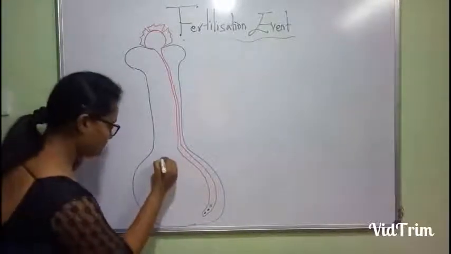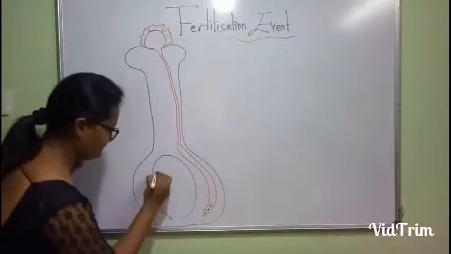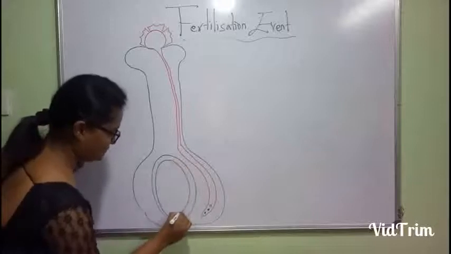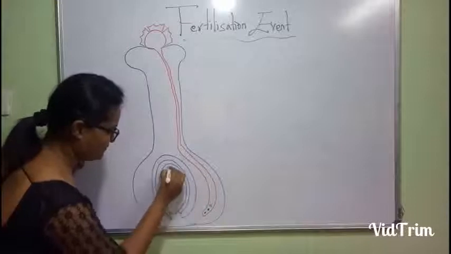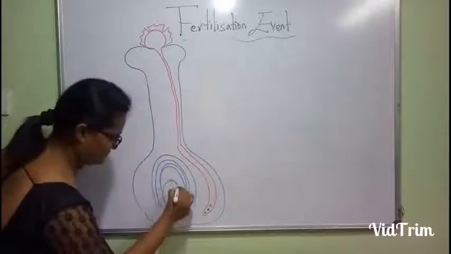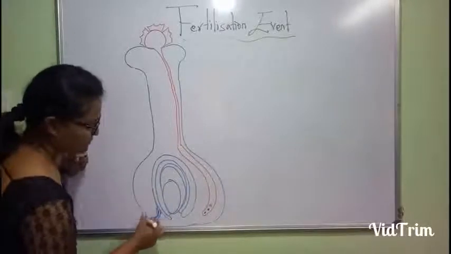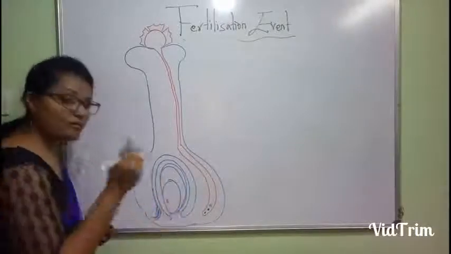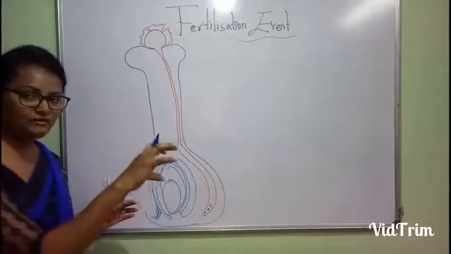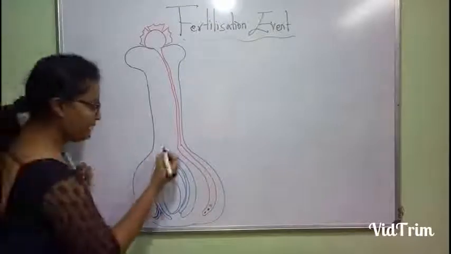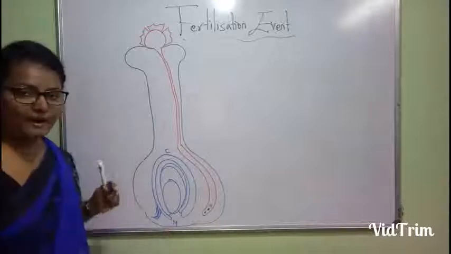We know the structure of the ovule. What does the ovule contain? Two layers of integuments, a nucellus region and the embryo sac. Just remember, this is the chalazal end and this is our micropylar end.